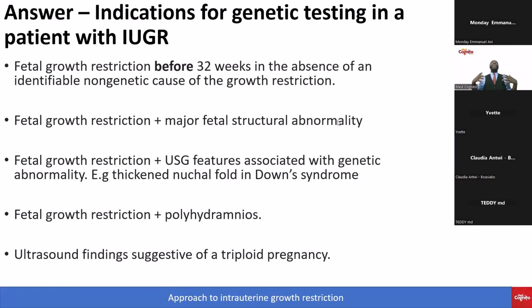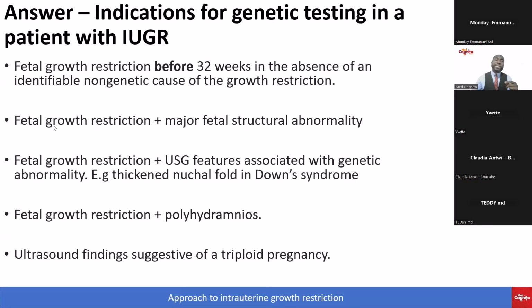So when you've looked at all the possible causes of IUGR, especially genetic causes, and you don't find any, and this pregnancy's IUGR was diagnosed before 32 weeks, that is one reason why you may want to do genetic testing.